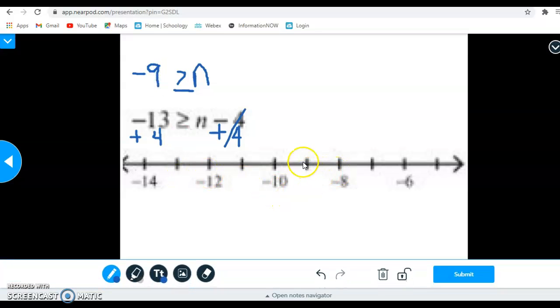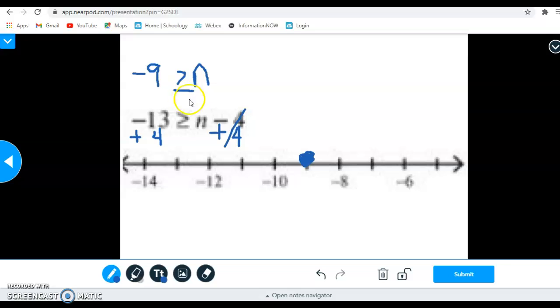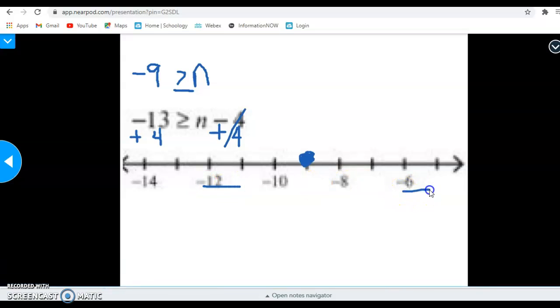So we're going to draw a line. Be real careful with this graph because it's going by increments of 2. But it still gives us the point of where this -9 falls. So do we need a dot or do we need an open circle? A dot, right, because we have a line underneath this inequality sign. All right, so we're at -9, and we're going to use -12 and -6.